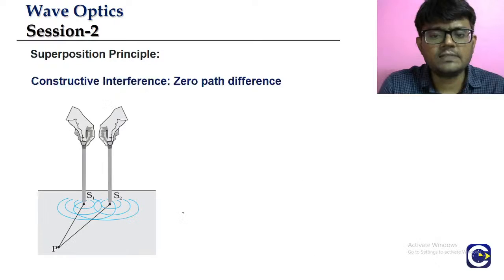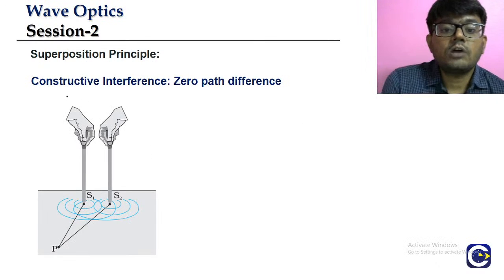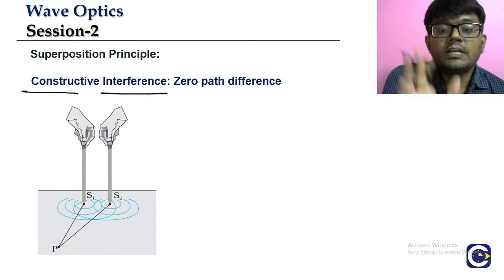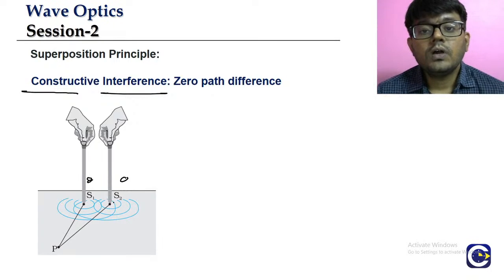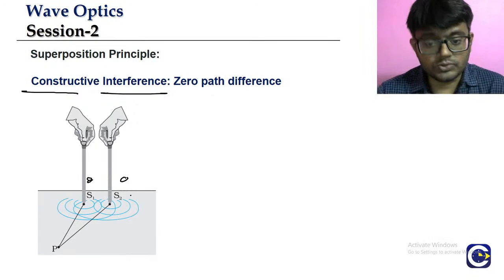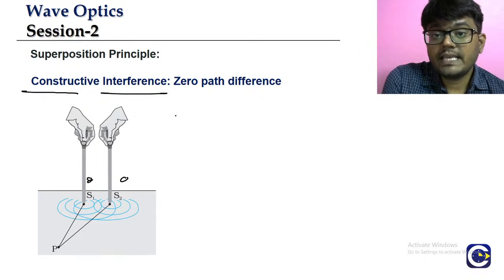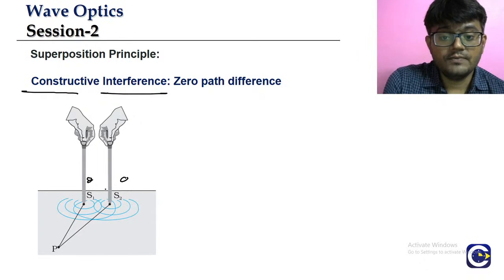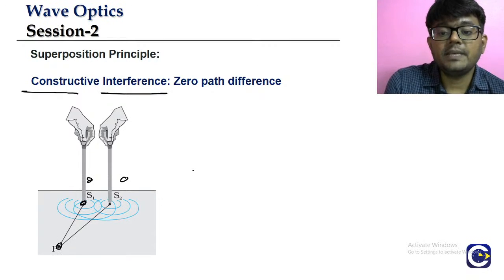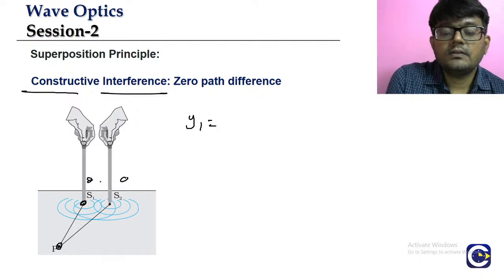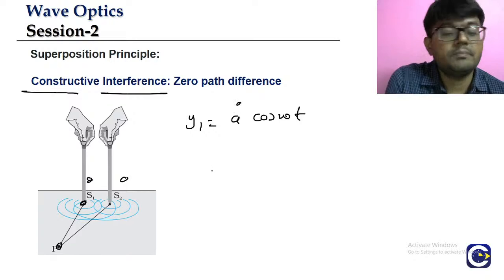So we'll start with the first scenario, where we talk about the constructive interference that is produced by two identical sources. So we are not just saying coherent, we are saying identical sources. Which means the wave that is reaching point P from source 1 is given by A cos omega t, where A is the amplitude.